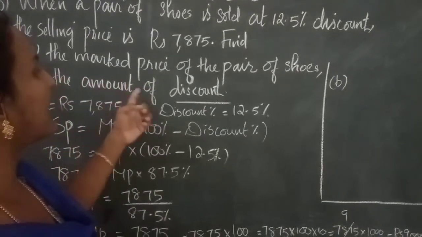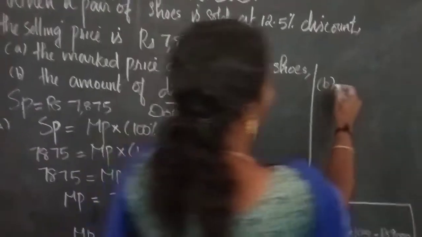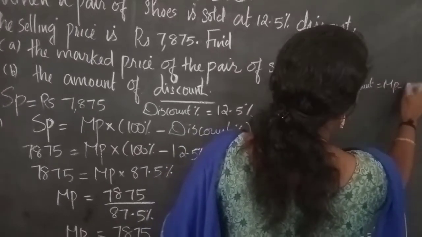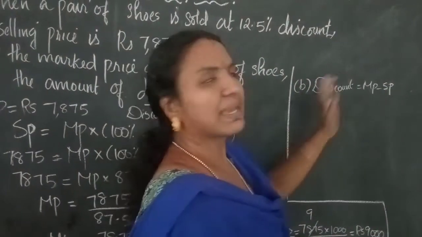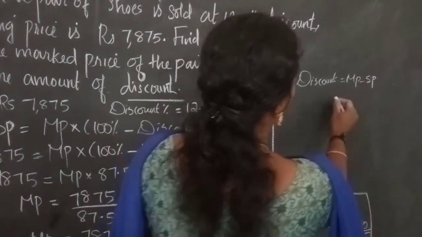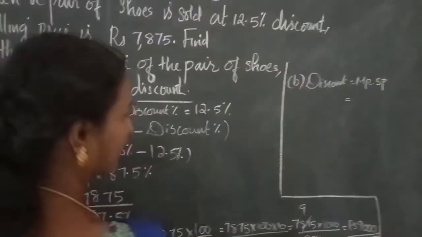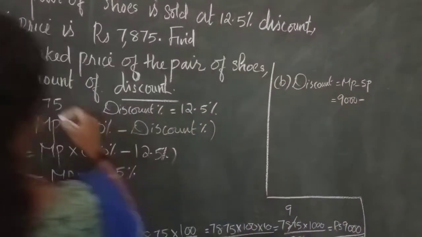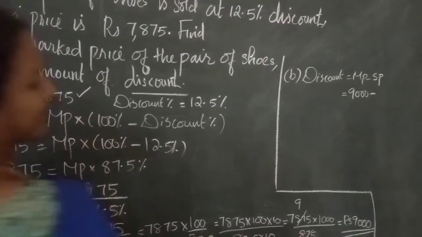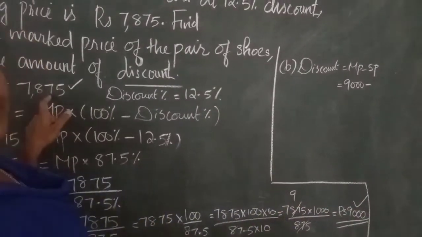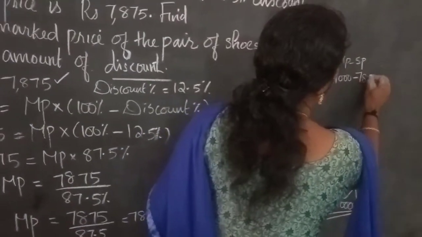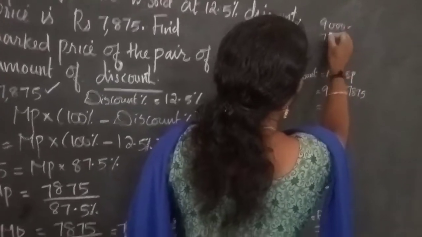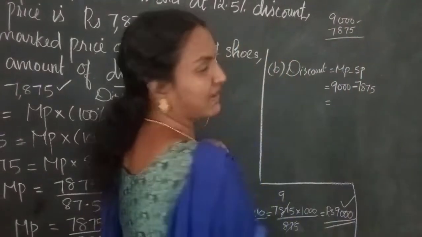Next option B, the amount of discount. So we know the formula: discount is equal to MP minus SP. MP is 9,000, so 9,000 minus SP. SP is 7,875. Subtracting 9,000 minus 7,875.